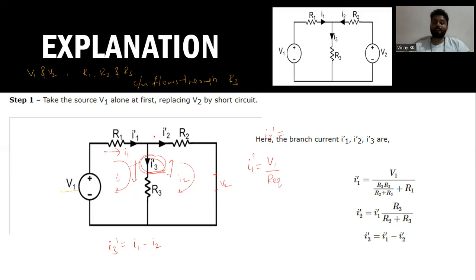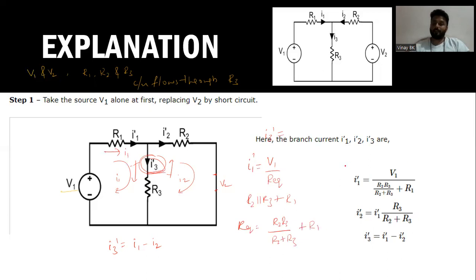This R equivalent is nothing but R2 and R3 in parallel, which is in series with R1. So R equivalent is R2 into R3 divided by R2 plus R3, and R1 is in series, so plus R1.